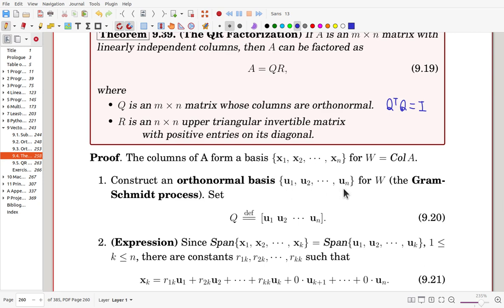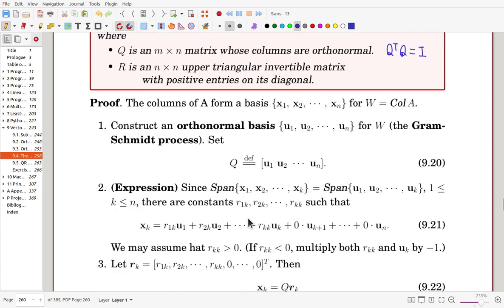Now we define the collection of these vectors as Q, and now this is a basis. So for each xk, each of the columns of A, we can make a projection.